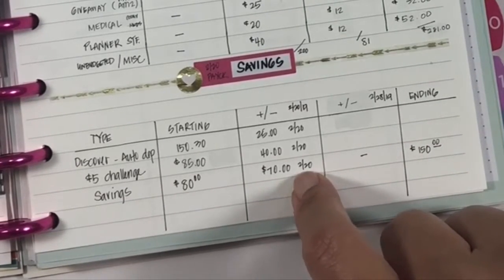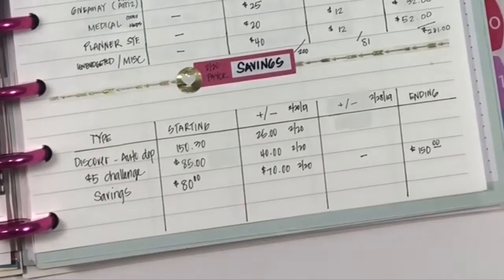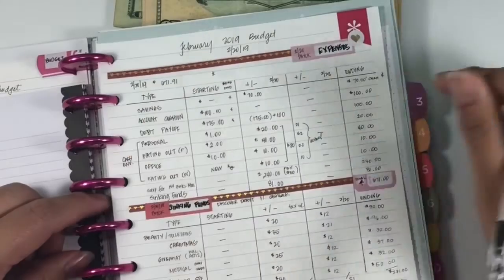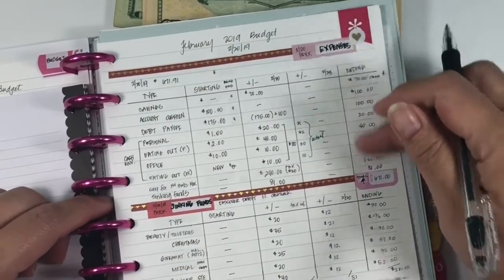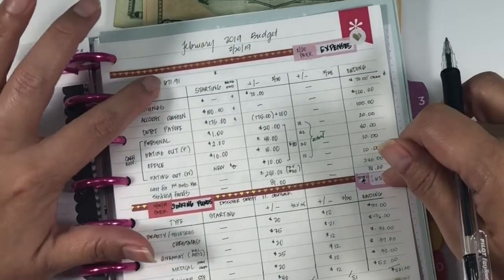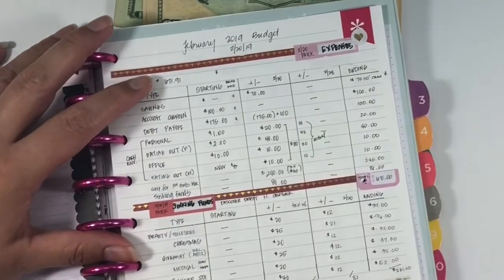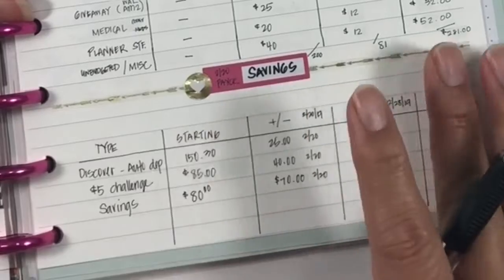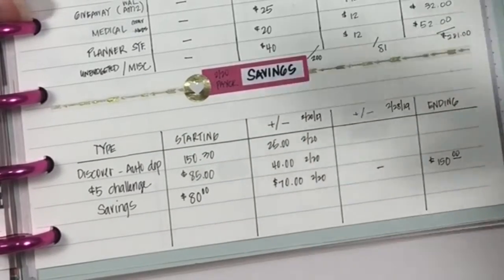And then I did add $70. That is listed right there from that pool of money right there. Because again, all of this here adds up to what I had in my account. So for savings, I have $150. And all of this is savings. It's just in different buckets.